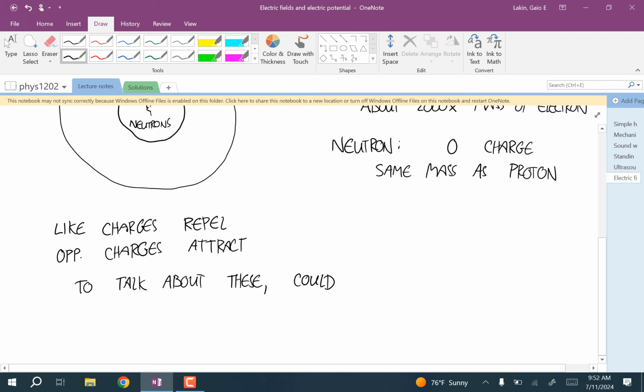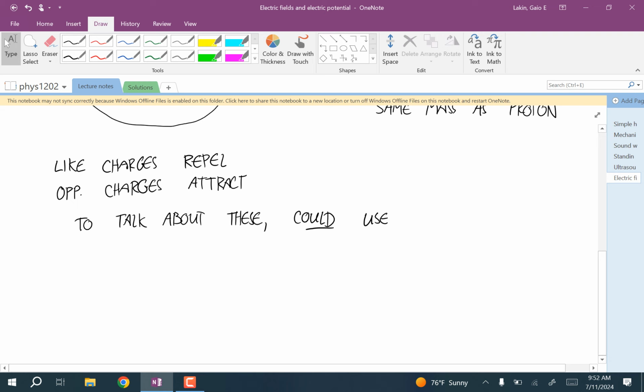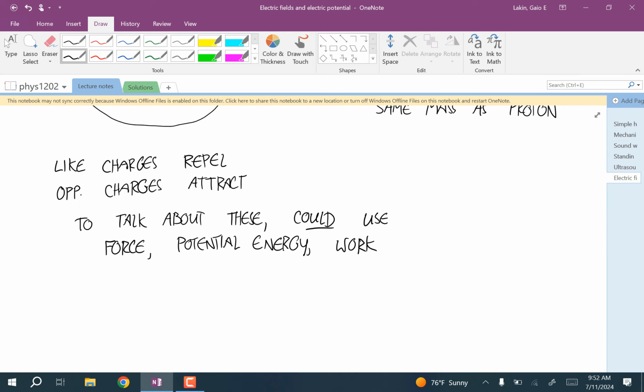We'd have to introduce charges into it, but we could think about these in terms of force, potential energy, and work. They're pushing each other apart or attracting each other with forces, and you can talk about the relationship between forces and positions in terms of potential energy.